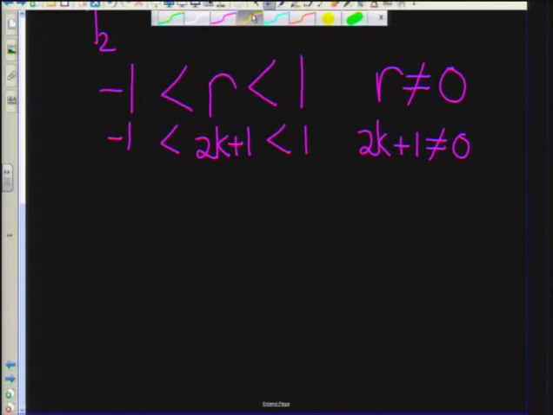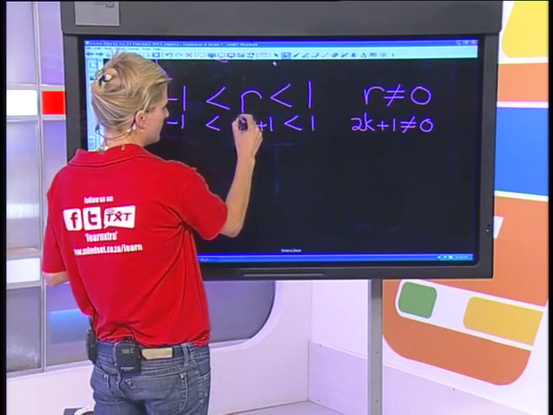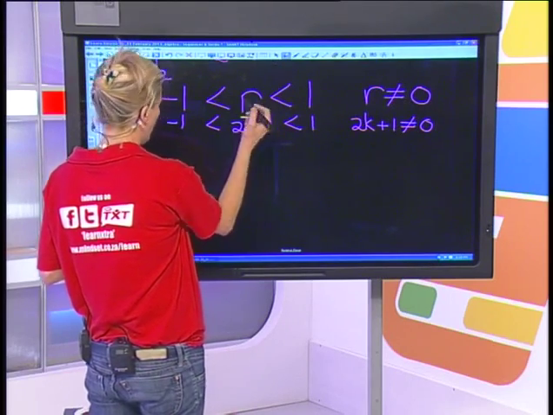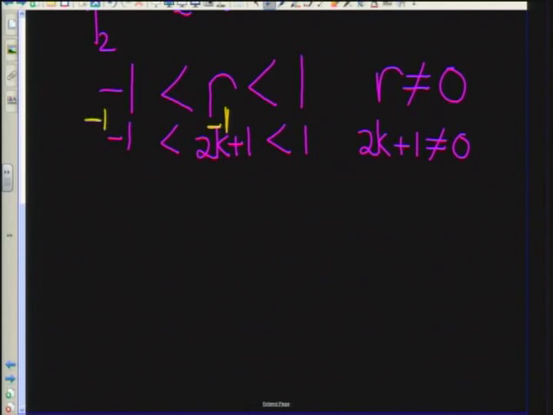So this is how I'm going to go about it. I look here in the middle and I say, firstly, I only want to have k in the middle. So what I'm going to do, everywhere, is subtract 1. That will give me, in the middle, 2k. -1 minus another 1 is -2. And 1 minus 1 is 0.